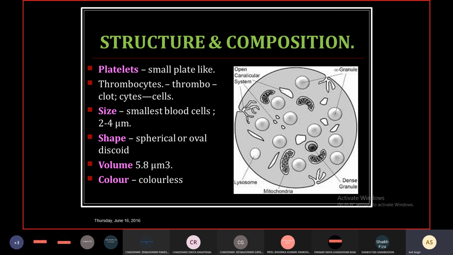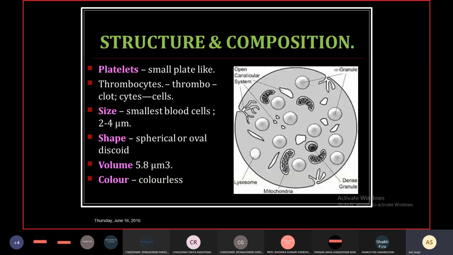Their size is 2 to 4 micrometers in diameter. The largest of the formed elements are the WBC, the next to them are the RBC, and the smallest are the platelets. So the diameter of a platelet is 2 to 4 micrometers.